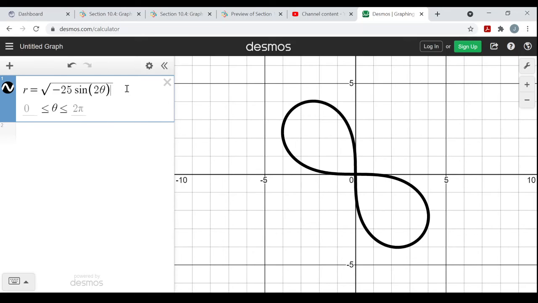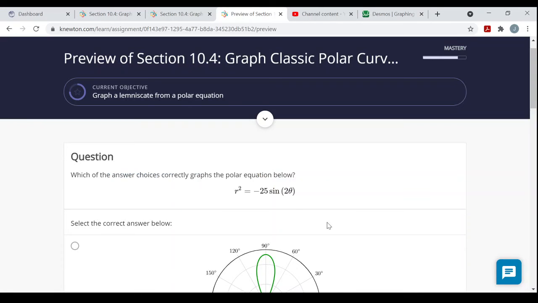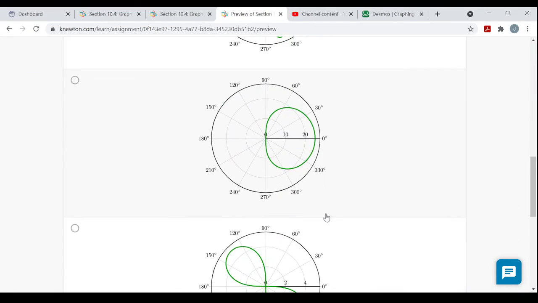Figure 8. And as we said on my hand drawing, those points at the far ends of the lemniscate are 5 units away. They should be on a circle with a radius of 5 if I put r equals 5. You see those points at the end of the lemniscate are 5 units away from the origin. So when I'm making my choices here, that's not good, that's not good, that's not good.